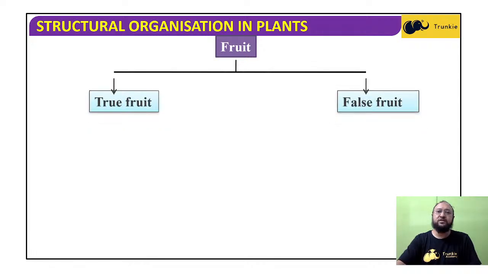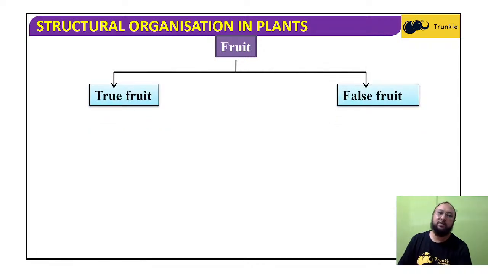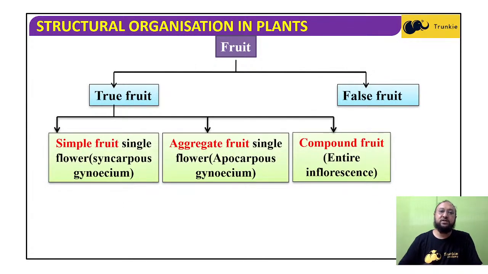Now fruits can be divided into two broad categories, true fruit and false fruit. True fruits can again be divided into three types. Simple fruit: single flower with a syncarpous gynoecium, which I'll explain.